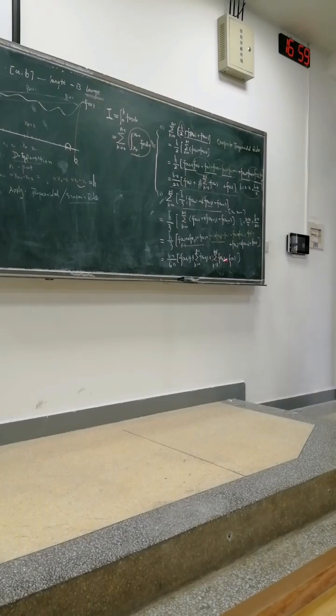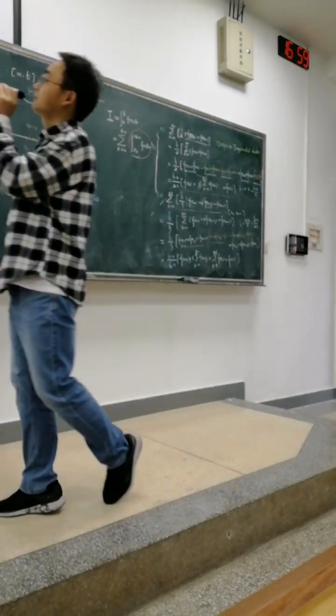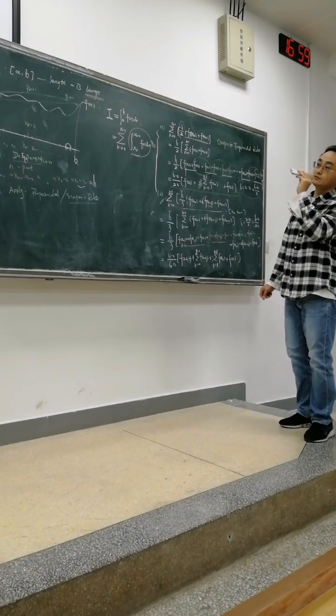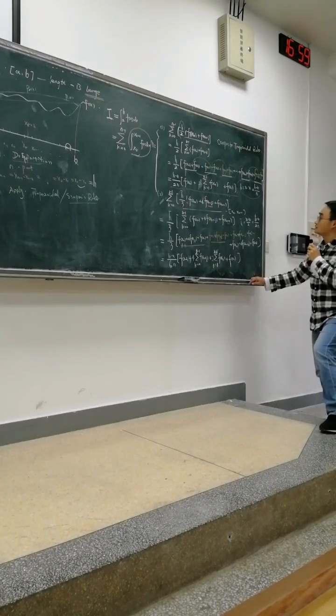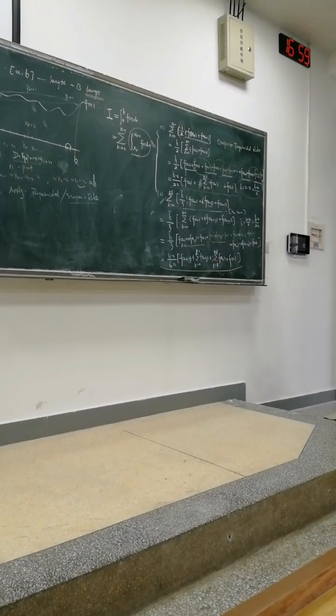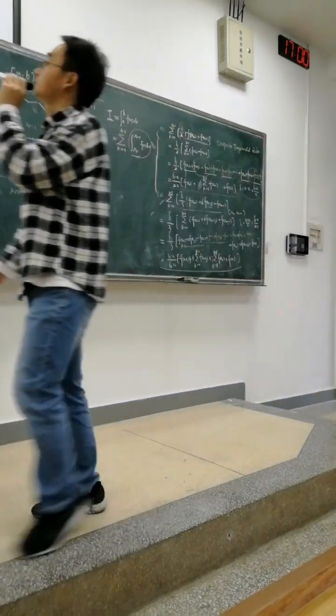Okay, so this is called the composite Simpson's rule. We have the formula here, the same as this one. Here we have 3 over h, but here this h should be a mistake.